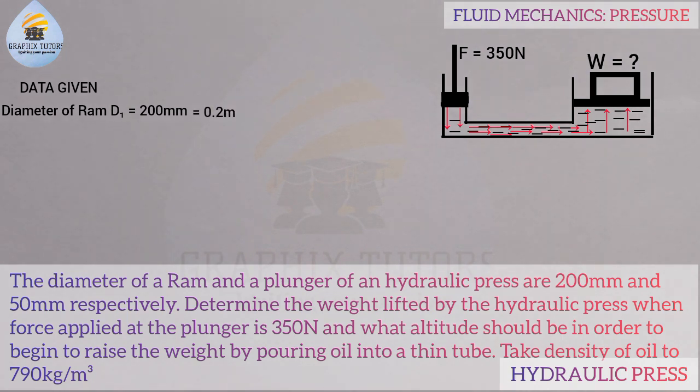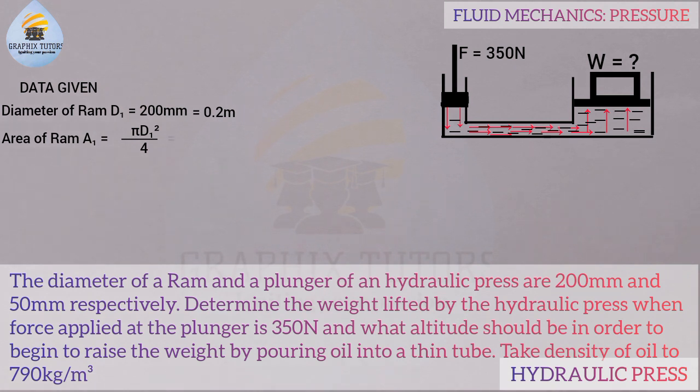Now, since the diameter is given, you need to calculate the area. We know that the area of the ram, which we give subscript 1, is given by pi D1 square over 4, because it is circular, it is a pipe. So, the surface area.